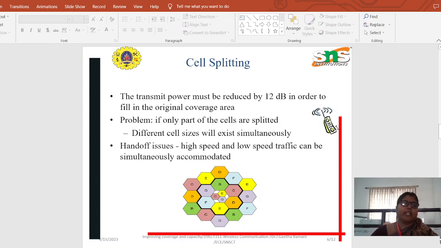So at the same time you have to handle cells with radius R as well as cells with radius R by 2 simultaneously. And there may be a chance of handoff issues, that is, high speed and low speed traffic must be simultaneously accommodated. So you have to be very careful in handling this kind of situation.